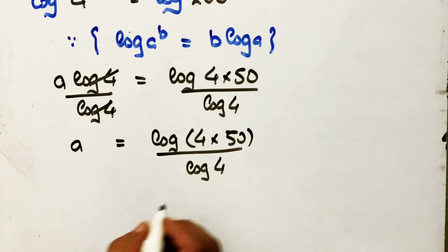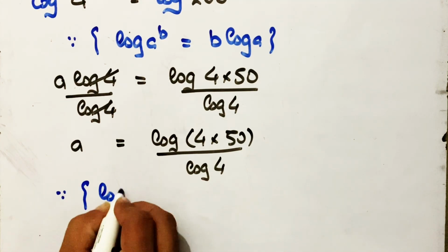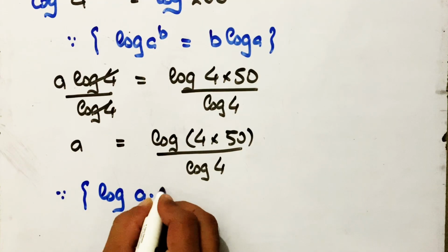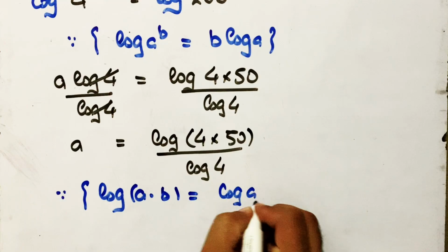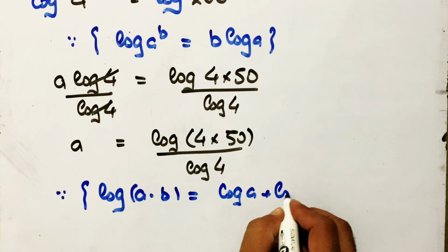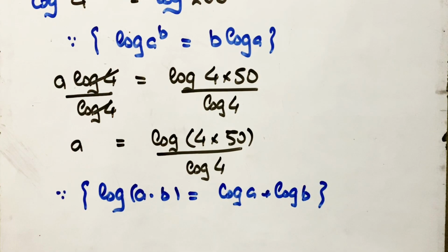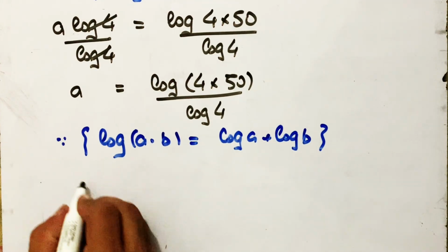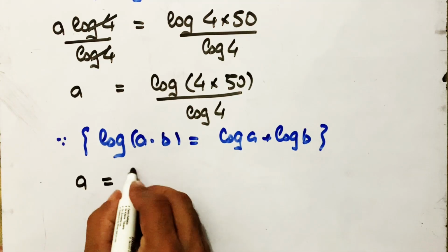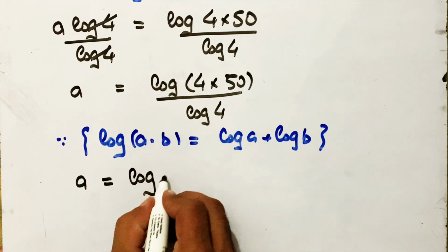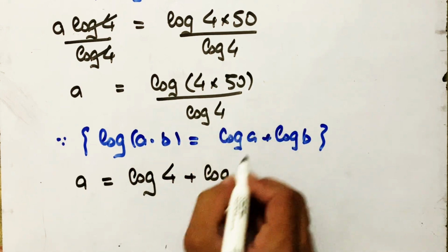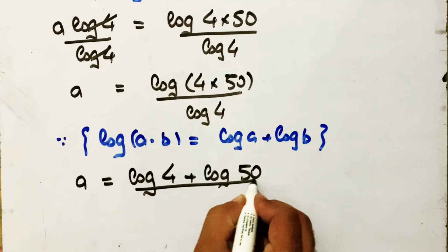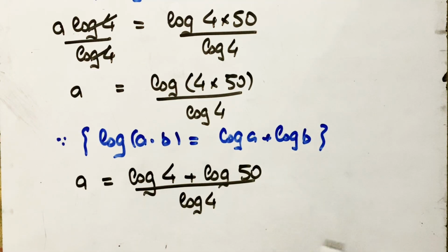I'm using the product rule of log: log of a into b equals log of a plus log of b. This means a equals log of 4 plus log of 50 divided by log of 4.